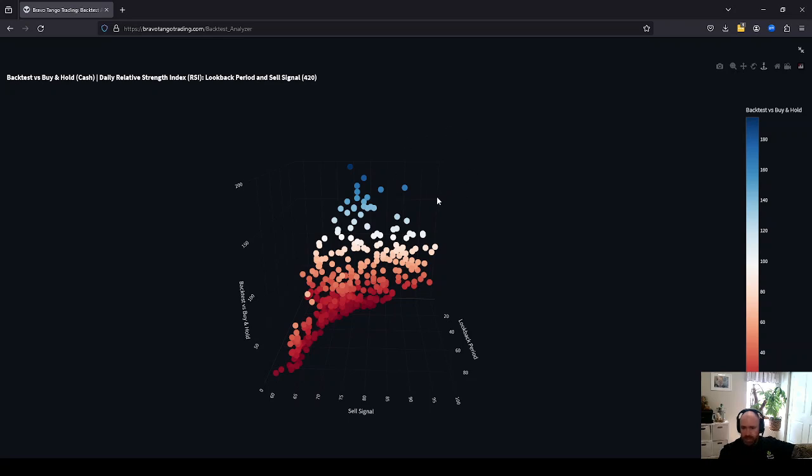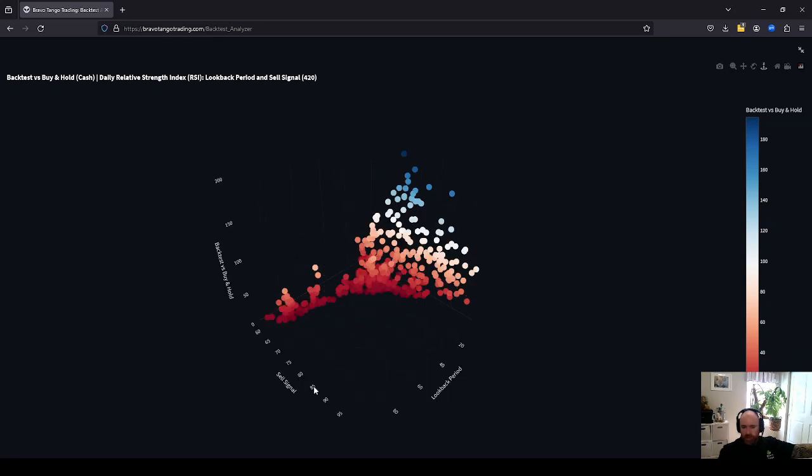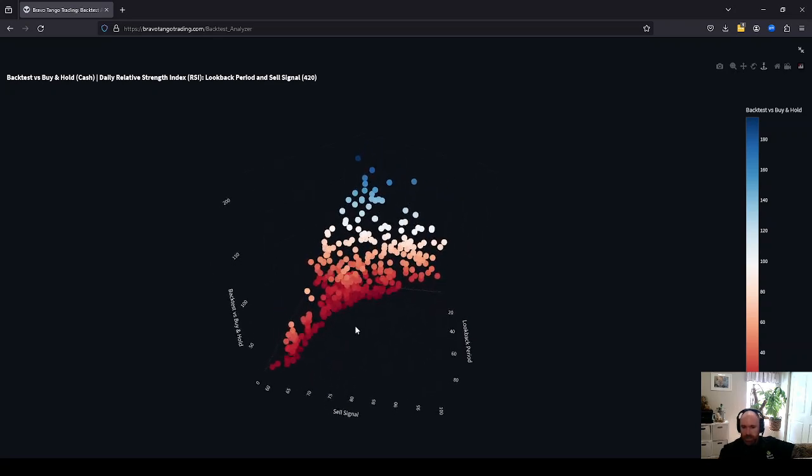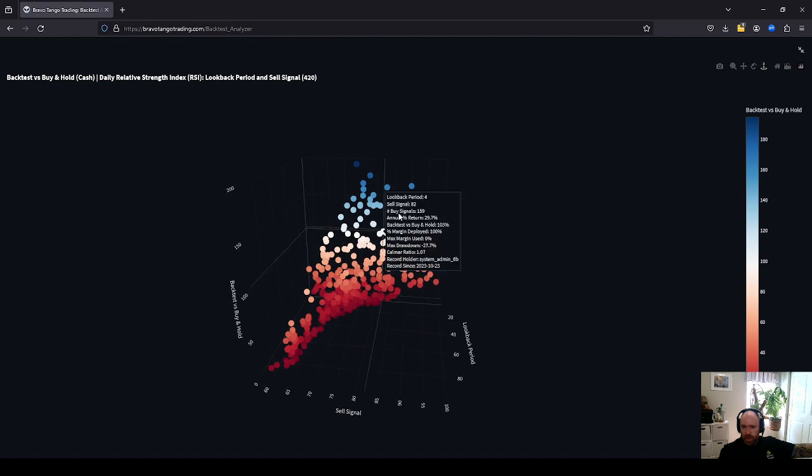So going too aggressive and saying I only want to sell when it's at the absolute most overbought is not super great. If we flip it to look at the buy signals, we should see something similar: if you're only buying when it hits these incredibly oversold levels, you're just getting a lot fewer signals. The sweet spot does seem to be somewhere around the middle.